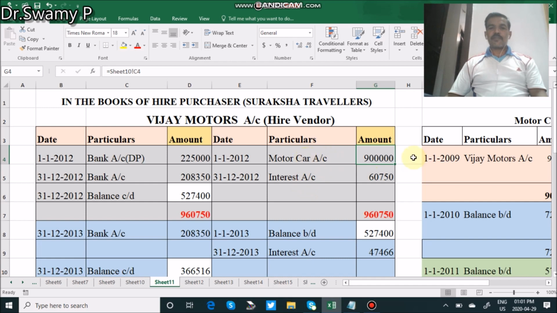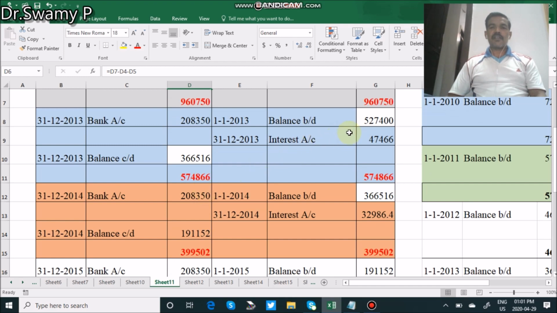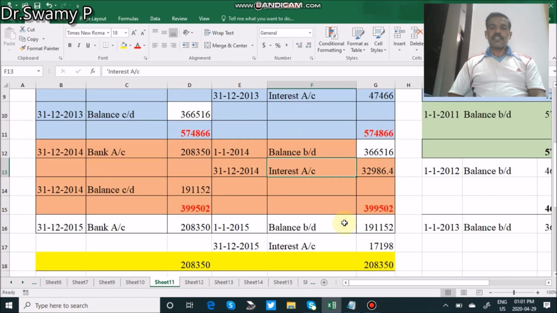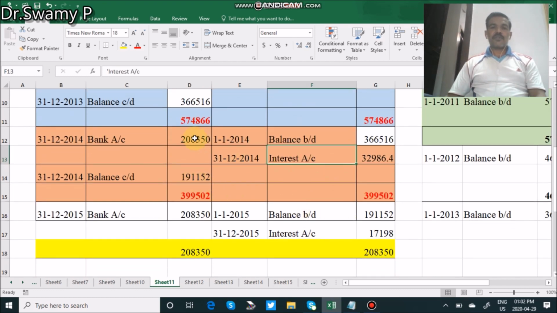Asset purchased by paying cash price, showing the asset value, interest due, and this is the down payment paid and installment paid, and this is the balance at the end of the first year. Again, second year interest due, second year installment paid, and the balance due. The third year interest due, third year installment paid, and the balance. Similarly, it goes up to the fourth year.